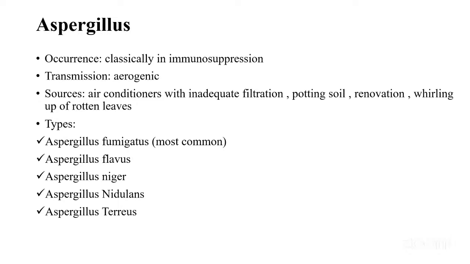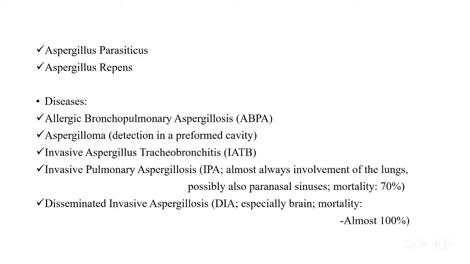Types of Aspergillus are Aspergillus fumigatus, Aspergillus flavus, Aspergillus niger, Aspergillus nidulans, Aspergillus terreus, Aspergillus parasiticus, and Aspergillus repens. Of these, Aspergillus fumigatus is the most common type.